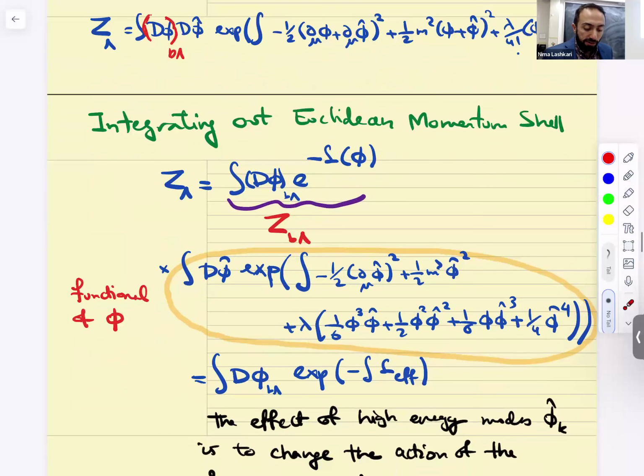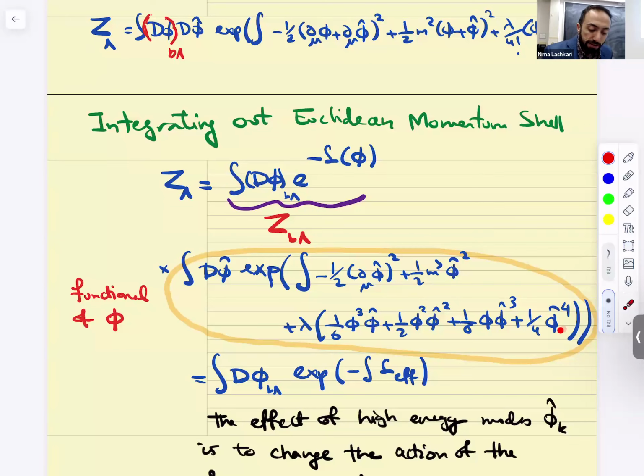Now the remainder is going to be a path integral over this momentum shell of all the interaction terms. So there will be a bit that is minus half phi hat squared plus the mass of that mode, right? It's a massive mode, plus interaction. So the light modes and the thin shell mode, there's phi^4, three of them could be this, one this, two, two, one, three, four, right? It's just an expansion.